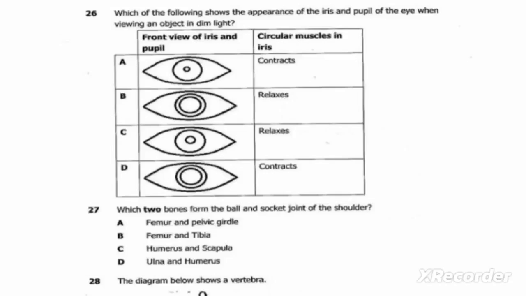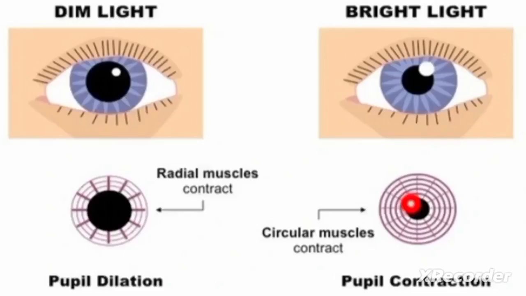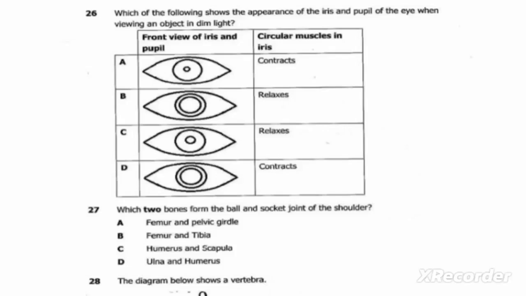So this process will help to view the object in dim light. Let me go back to the question. So here is the dim light. The circular muscles in dim light are relaxed. So here we are going to consider these two answers. The circular muscles in dim light should be relaxed.